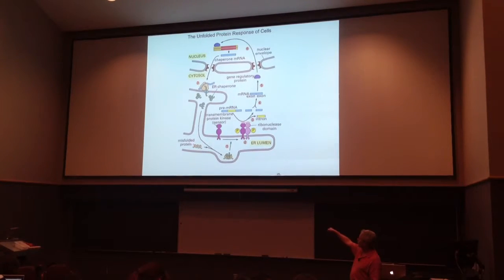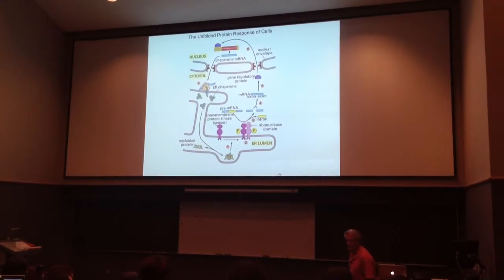If there's unfolded protein, it recruits a protein that normally keeps the sensor, a membrane-based protein, as a monomer. That protein is called BiP, binding protein, which is one of the folding proteins. When there's a lot of misfolded protein, it recruits BiP away from the sensor, and that leaves the sensor without anything bound to its luminal side.